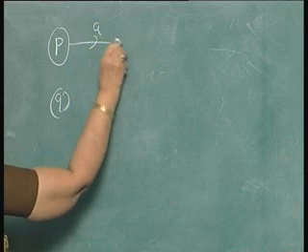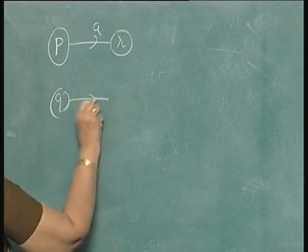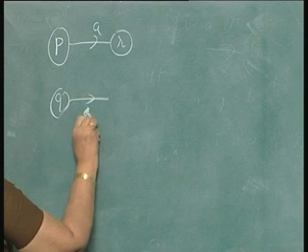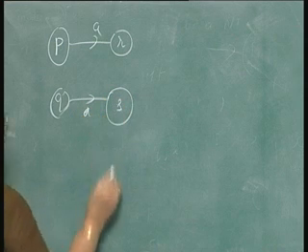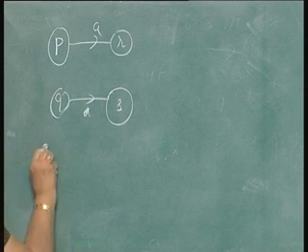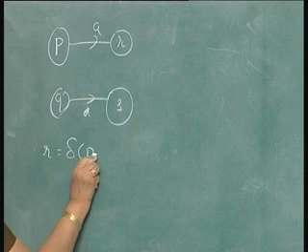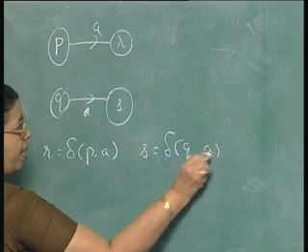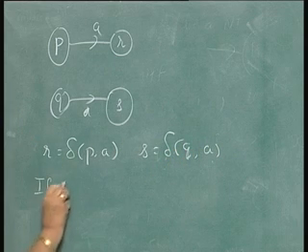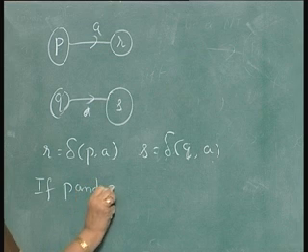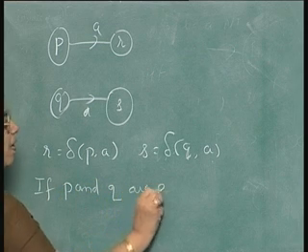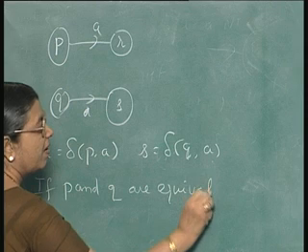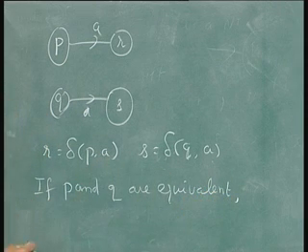If P and Q are two states and their A successors are R and S respectively, that is, R is equal to delta of P of A and S is equal to delta of Q of A, and if P and Q are equivalent, then what can you say about R and S?